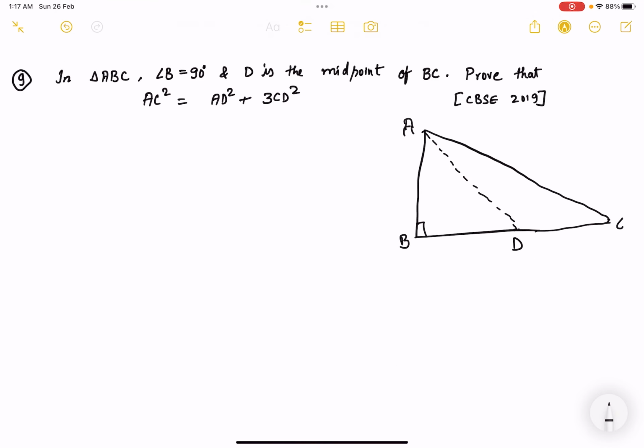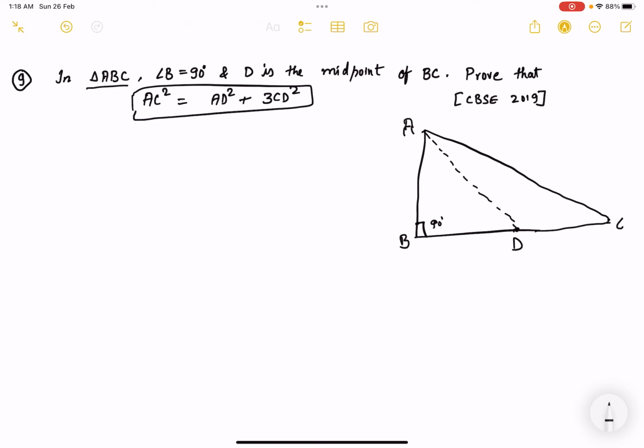Okay, now let's take the 9th example. This question says that in a triangle ABC, angle B is equal to 90 degrees and D is the midpoint of BC. We have to prove this result. So again we will apply Pythagoras theorem.